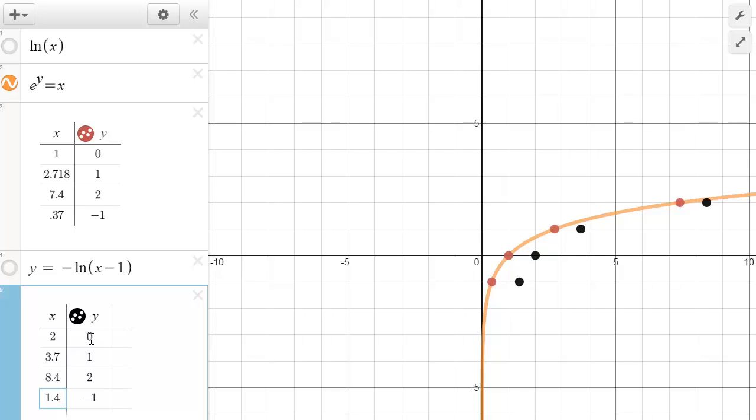So 0, the value of y equals 0 remains, but the value of 1 will be a negative 1. The value of 2 becomes a negative 2, and the value of negative 1 becomes a positive 1. And here is our new function.